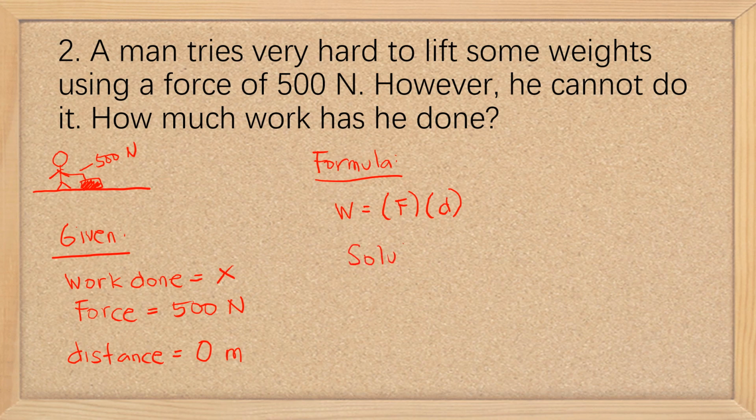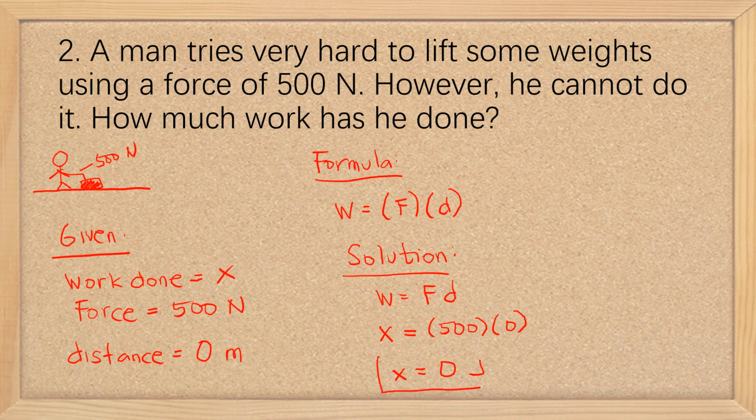So our solution: work is equal to force times distance. Let's substitute W with x, and then force, which is your 500, and the distance, which is 0. Therefore 500 multiplied by 0 will be 0 joules.